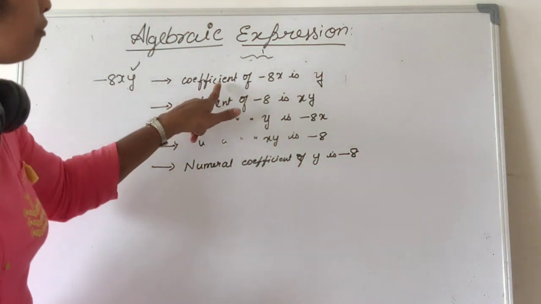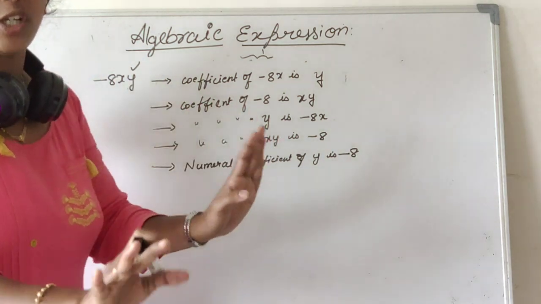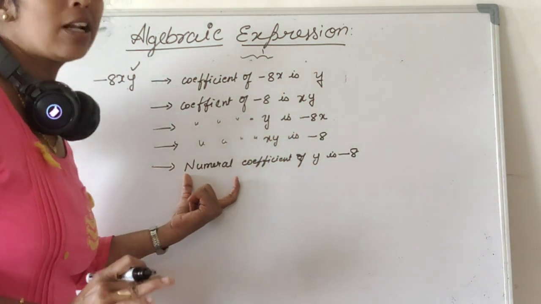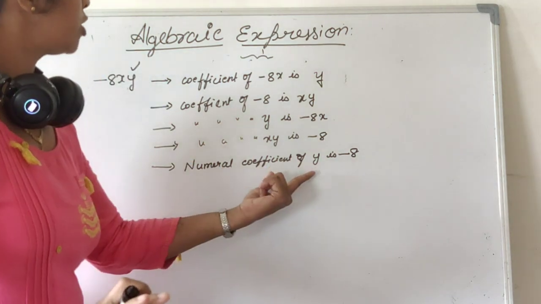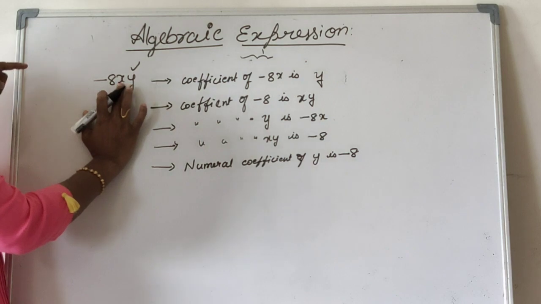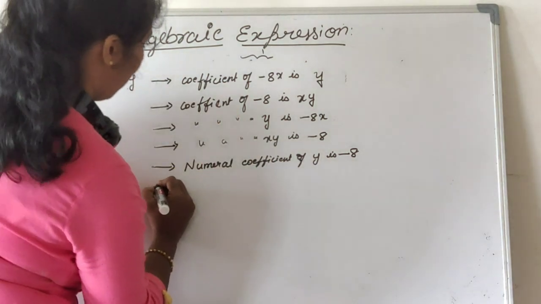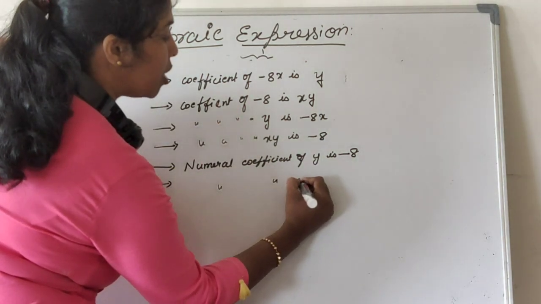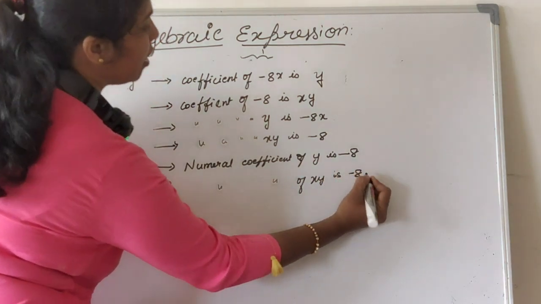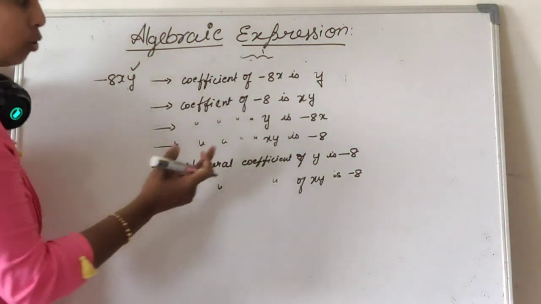Understood? Here the coefficient asked is just coefficient. They did not mention which coefficient it is. So everything you have taken. But here it is mentioned it's a numeral coefficient. Only numeral you have to take. Numeral coefficient of y. If I leave y, what numeral remains here? You have to see, not algebraic. So minus 8. Next. Numeral coefficient of xy is, yes, minus 8 itself. Only one numeral is there. You don't use the sign.